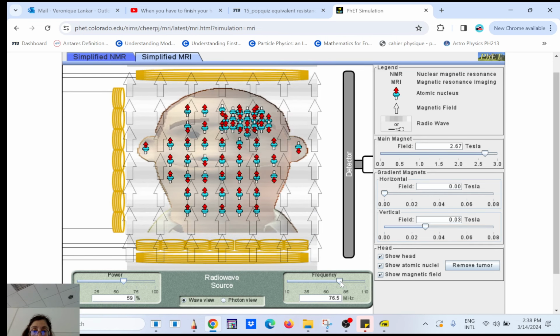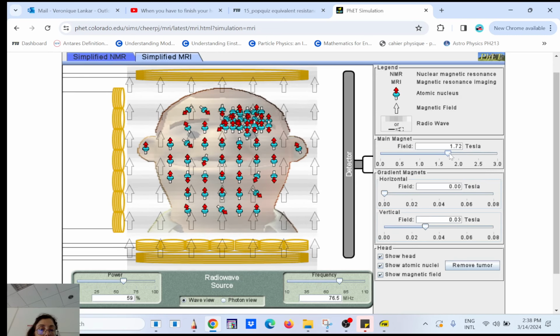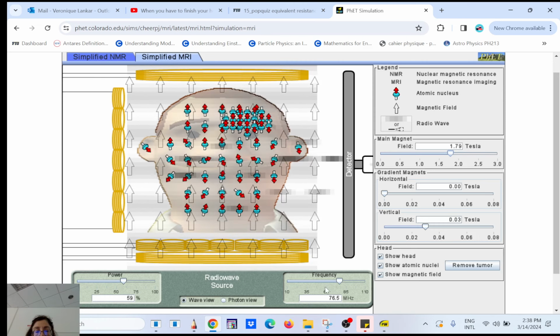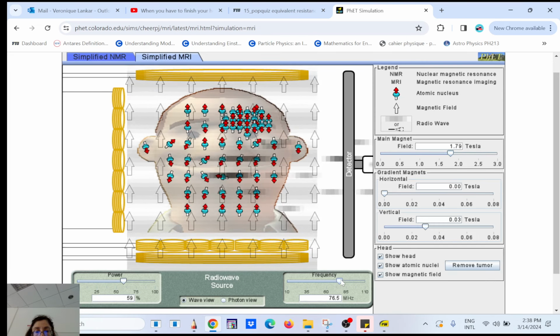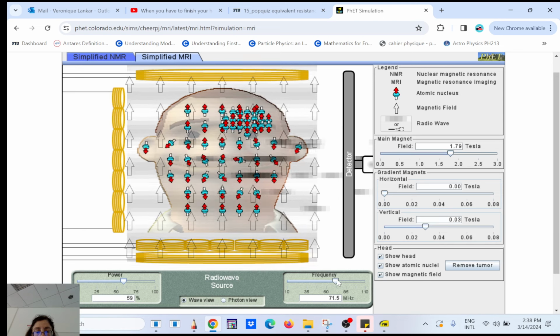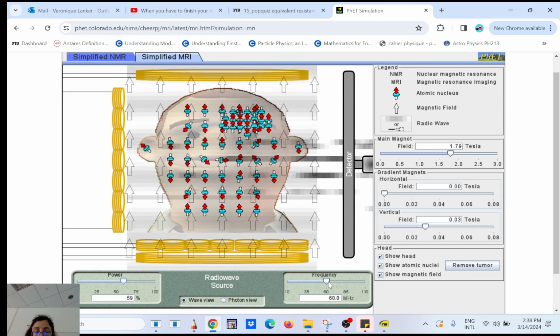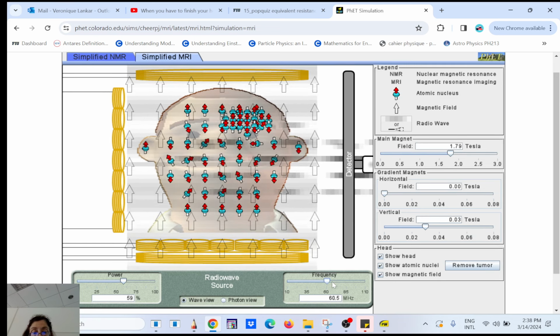I just have to find the right frequency. Here we go. It's very hard to find the right frequency. 7 should be like 70.